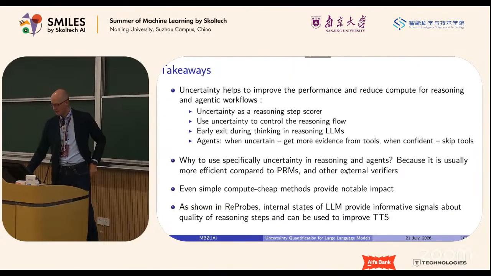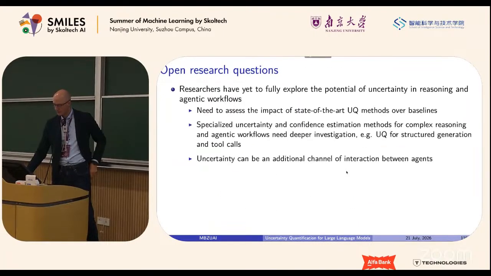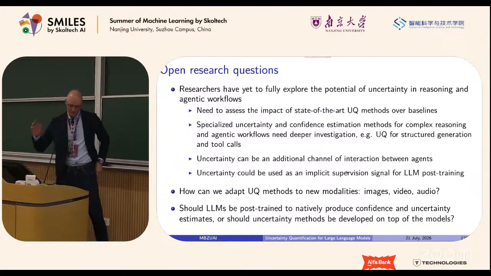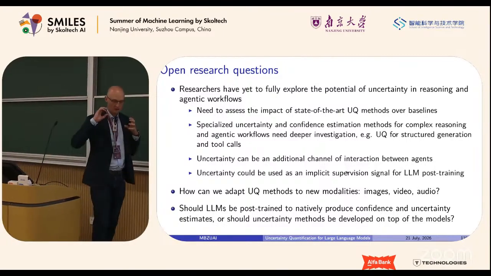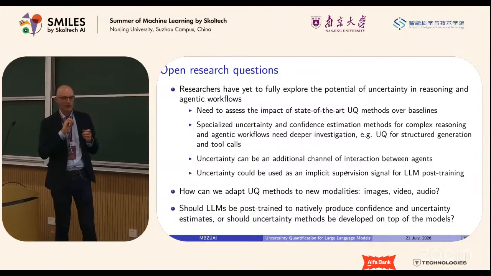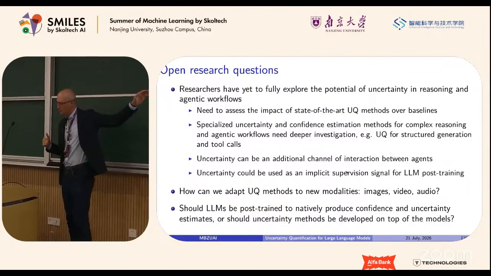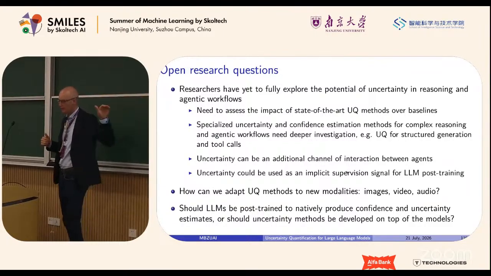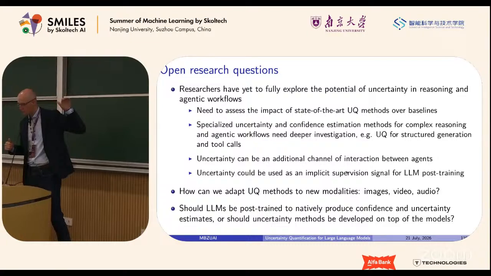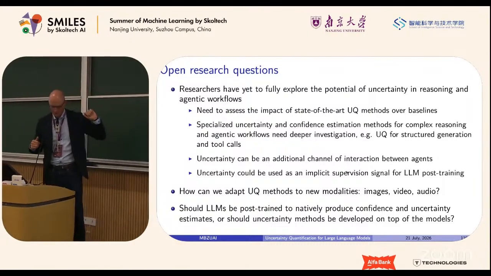The main thing is that we are trying to facilitate this research direction where we use uncertainty not just as a guardrail, but as a tool that helps us improve reasoning and improve agents. There are a few directions that we are currently looking into. One is agentic workflows, where we are trying to assess the uncertainty of tool usage.